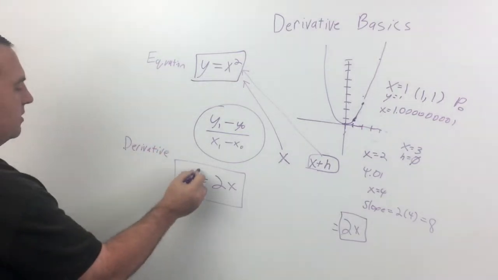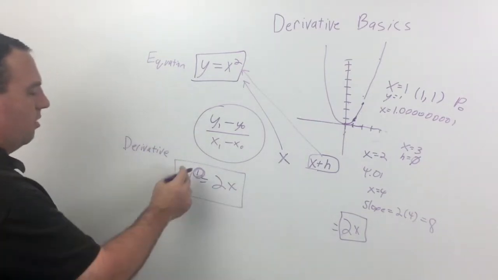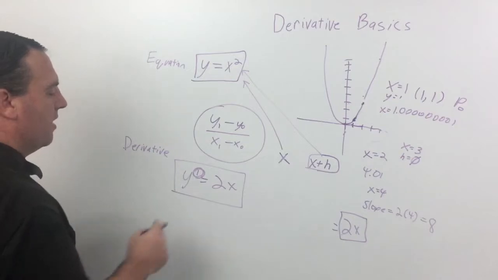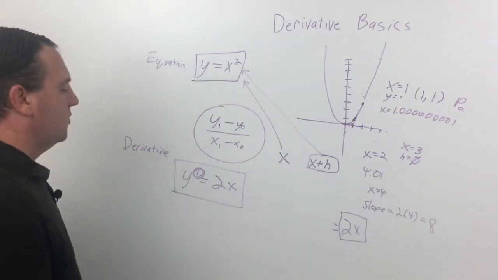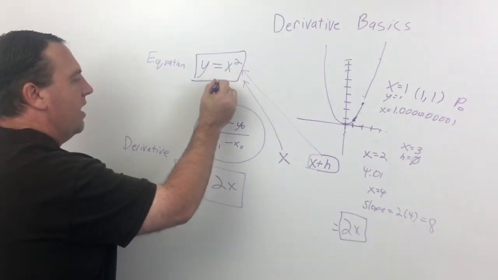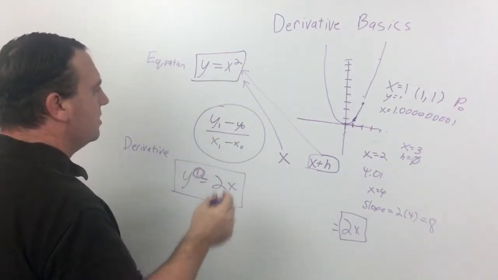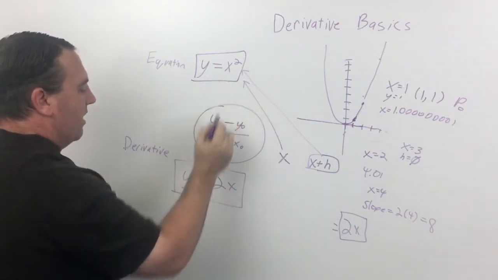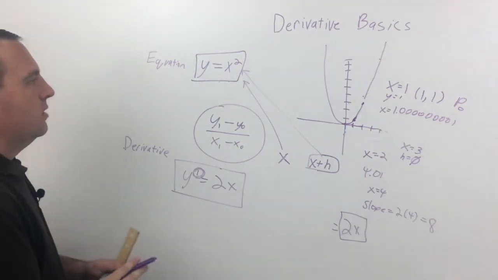We mark the derivative with this little quote mark. It's called a prime. So y prime equals 2x, or the derivative of y equals x squared is 2x. That means that on this graph, at any given x value, we can find the slope of this graph using this formula.